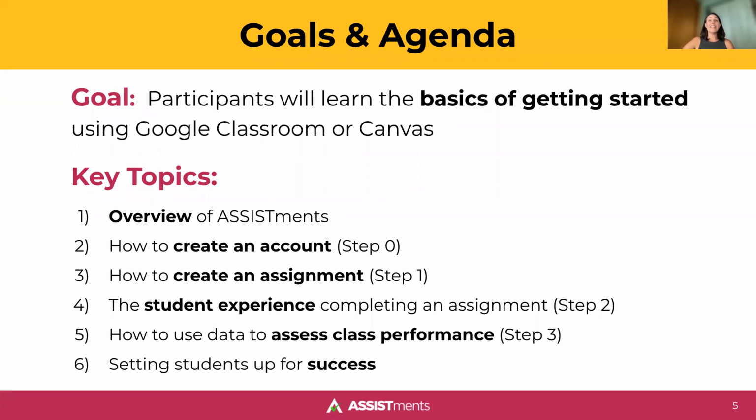Step 3 is assessing class performance, where you'll get a taste of our data reports. But as you may have noticed, we do have a second part of this session, all dedicated to data. And then lastly, we'll talk about setting students up for success, give you some recommendations on how to get started with IM in your classroom, along with ASSISTments, and just tips in general for using ASSISTments with your students.